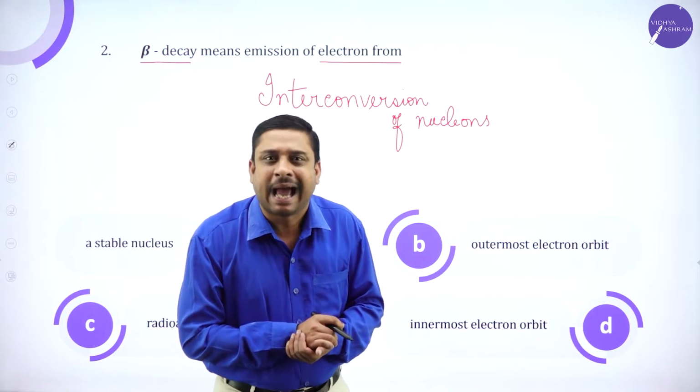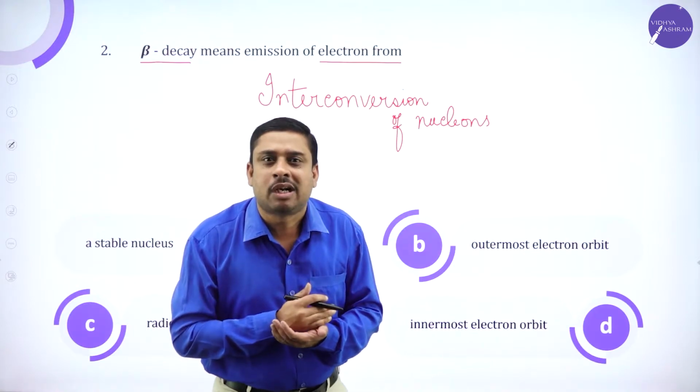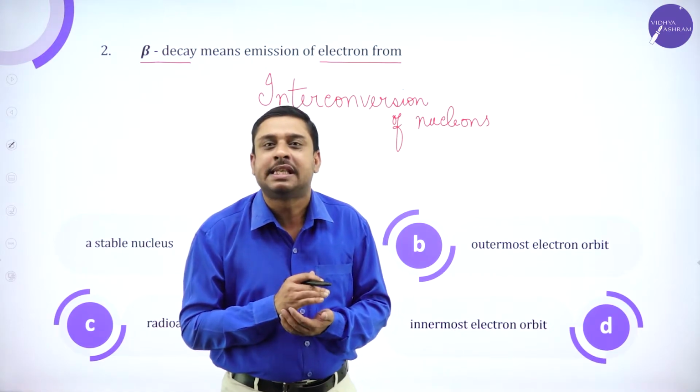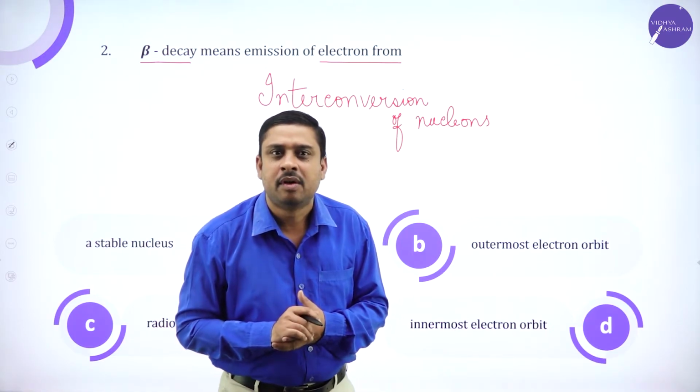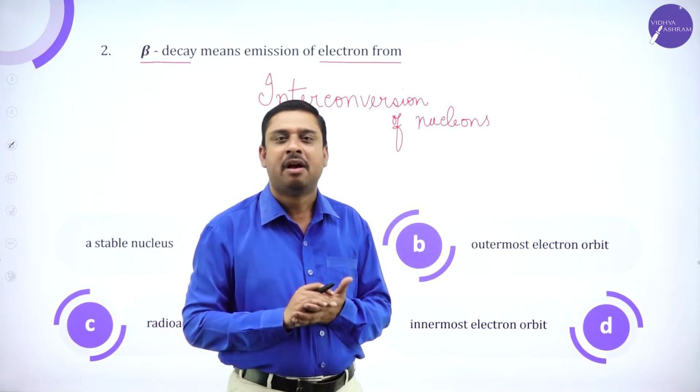By some mechanism, the nucleus of an atom loses its stability. Why? There is beta decay.